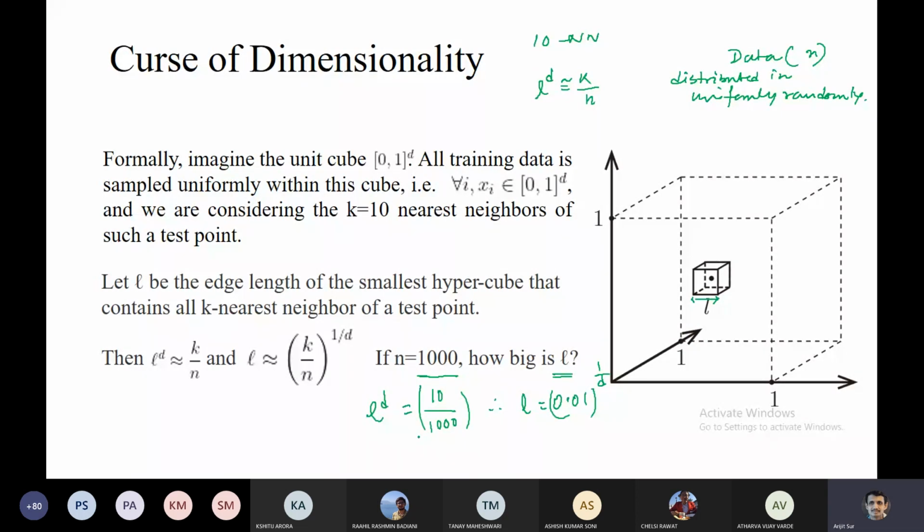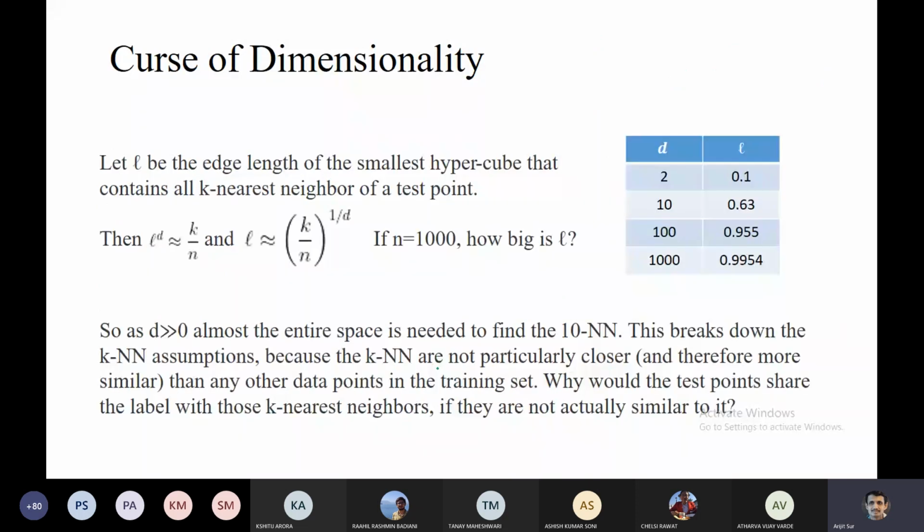Now let L be the edge length of the smallest hypercube that contains all k neighbors, and increase the dimension, where d is the dimension. If d is 2, then L is the 1 by d power, so the square root of 0.01, which is 0.1, because k by n is 10 by 1000.